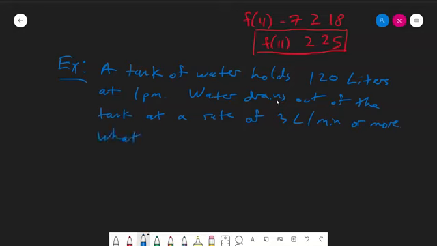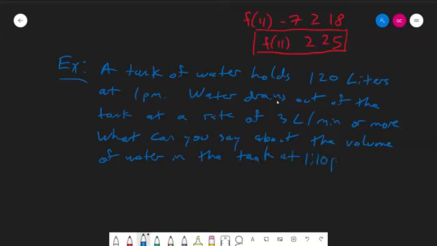What can you say about the volume of water in the tank at 1:10?